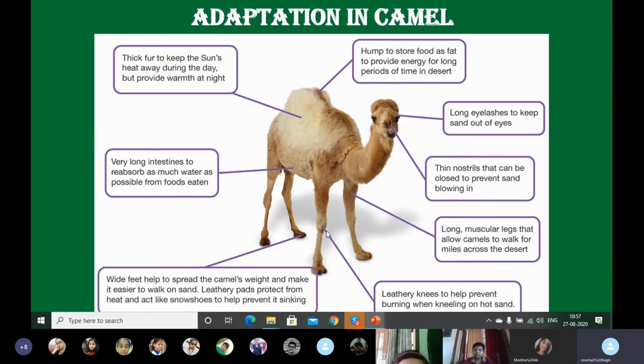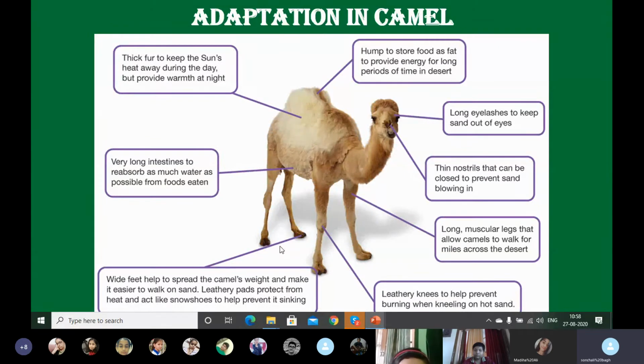Understood? Then wide feet help to spread the camel's weight. You can see the feet are wide and make it easier to walk on sand. Leathery pads protect from the heat and act like snowshoes to prevent it from sinking. Understood?